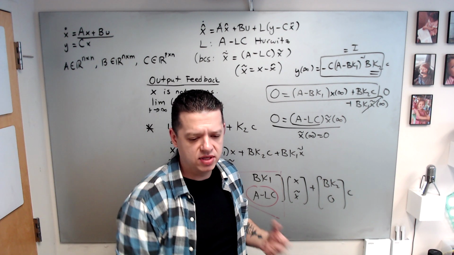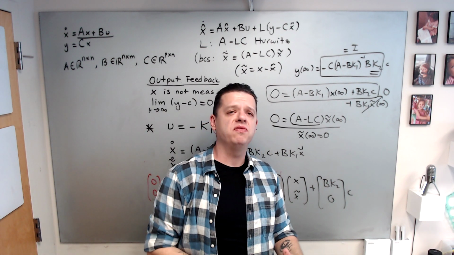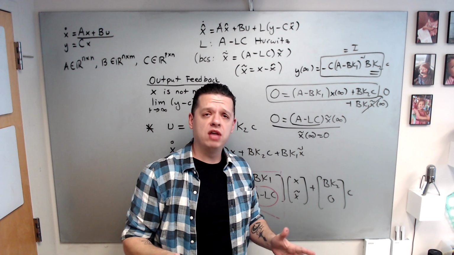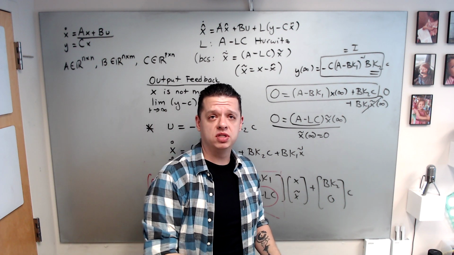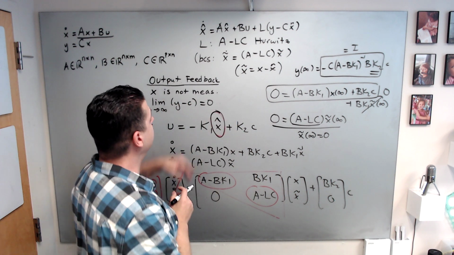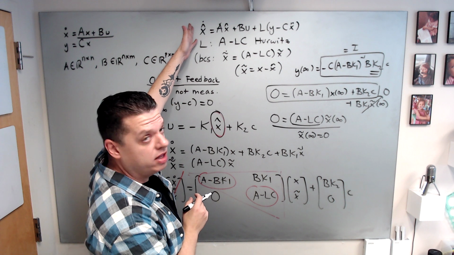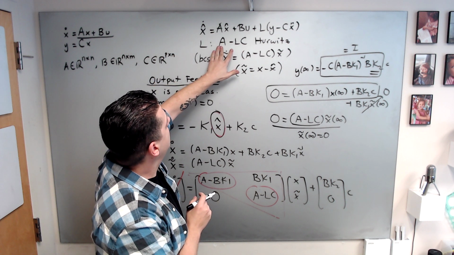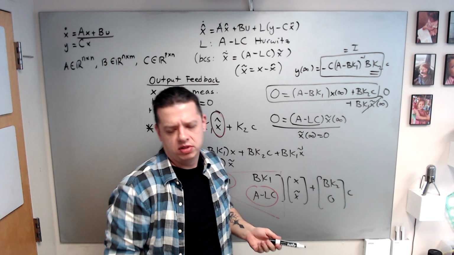So it is the same design. The difference between state feedback and output feedback: first choose K1 and K2 the way that I showed you for state feedback, and then simply replace X with X hat and estimate your state through this Luenberger observer, and choose your L to make A minus LC Hurwitz.